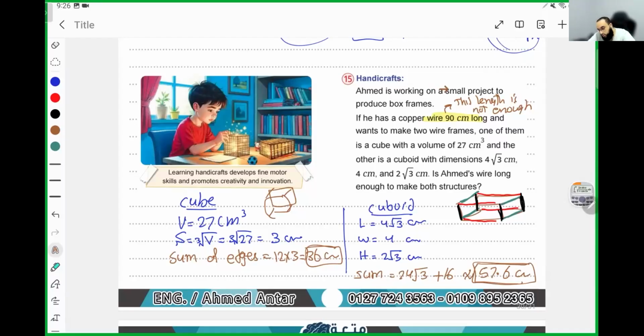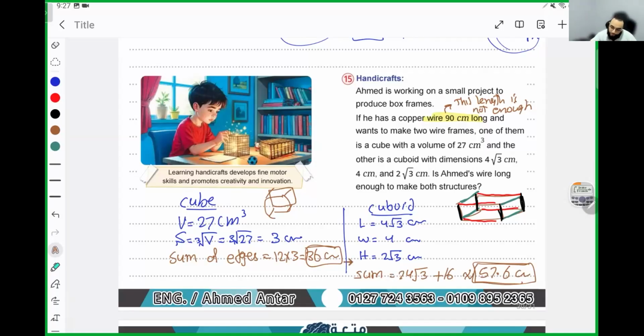Ahmed was working on a small project to produce box frames. If he has a copper wire 90 centimeters long and wants to make two wire frames, one a cube and the other a cuboid. If you have a long piece of wire and want to cut it into two parts, one shaped as a cuboid and the other as a cube, is 90 centimeters enough?